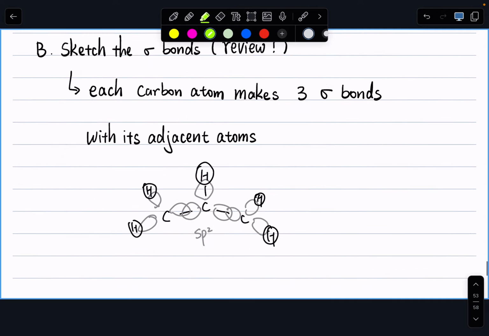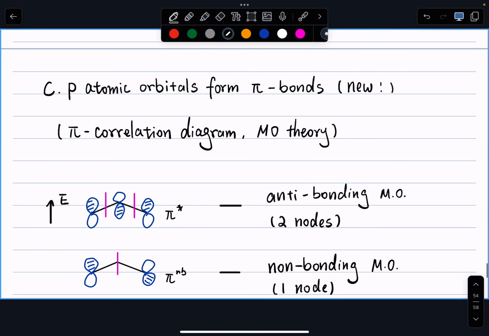So in this case, we're ready to use our LCAO-MO to come up with a pi correlation diagram using molecular orbital theory. Remember, in molecular orbital theory we're doing constructive versus destructive interference of my atomic orbitals. So here, we have 3 p atomic orbitals.